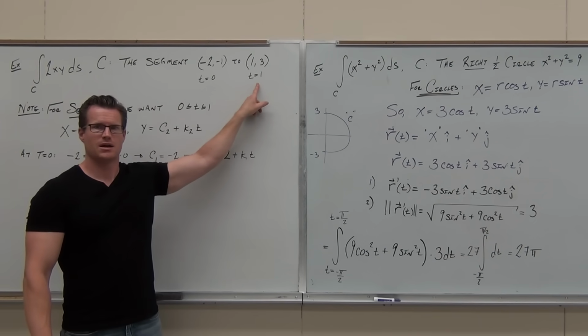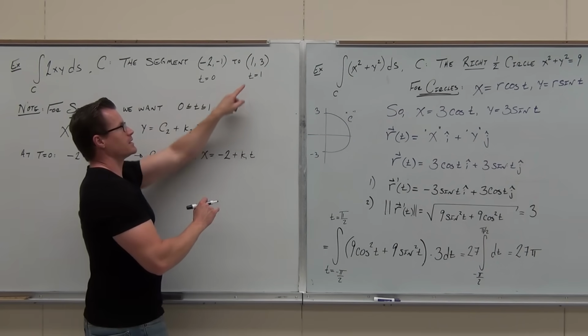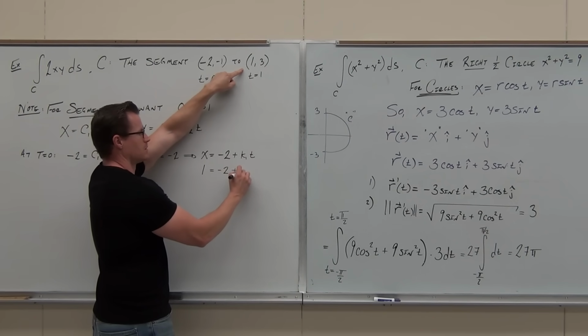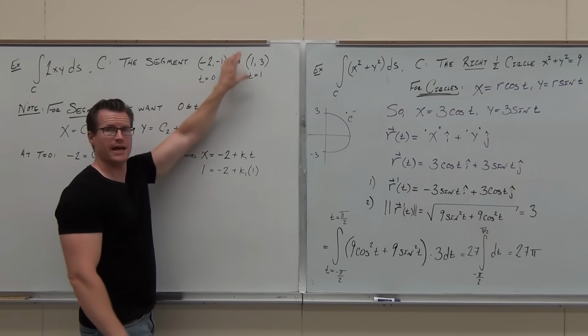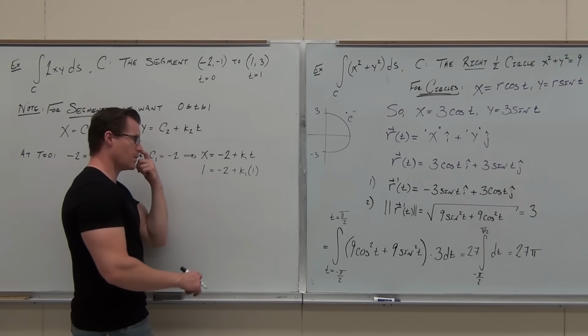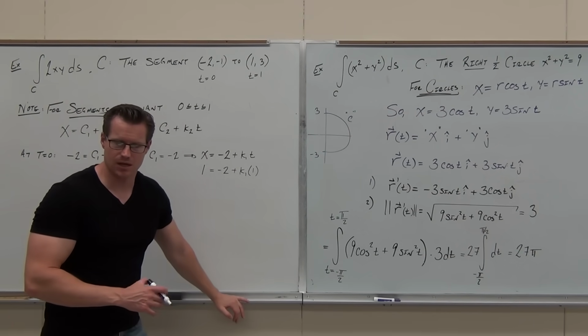Does that make sense? At t equals 1, what's the x value? At t equals 1, the x value is 1. The t value is 1. That's what's happening there. Do you guys see it? And then we can solve for the k. Okay, well, if I add 2, how much is the k?